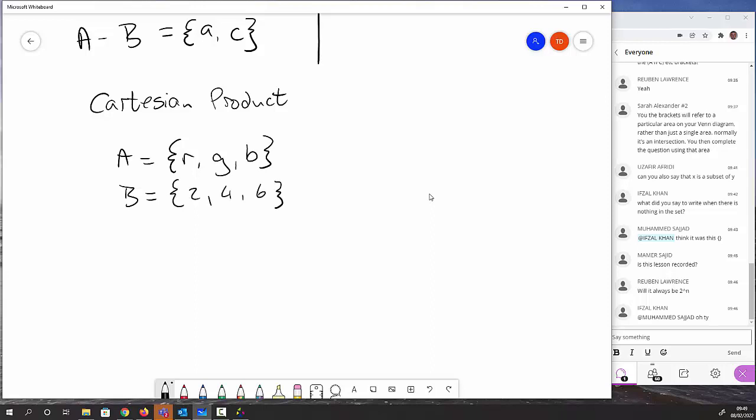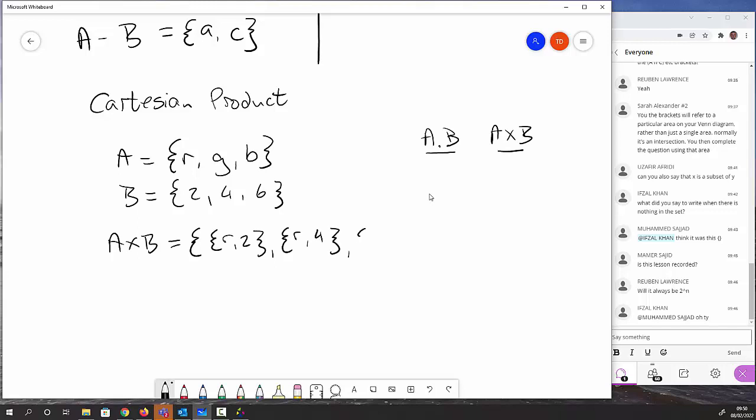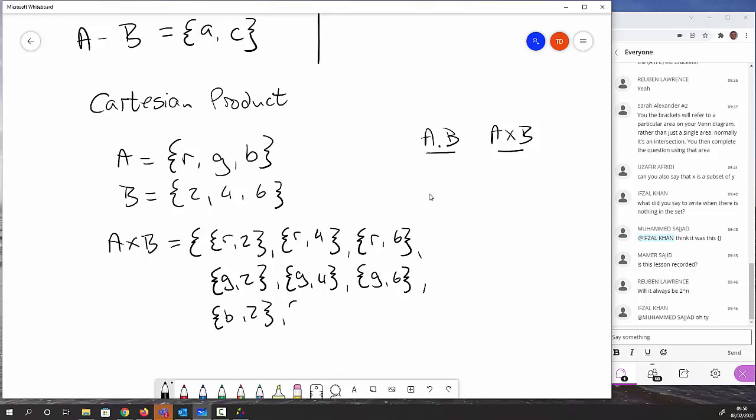The Cartesian product, A times B: we've got R and 2, R and 4, and R and 6, then we've got G and 2, G and 4, and G and 6, and we've got B and 2, and B and 4, and B and 6. Close that bracket and then close that bracket.